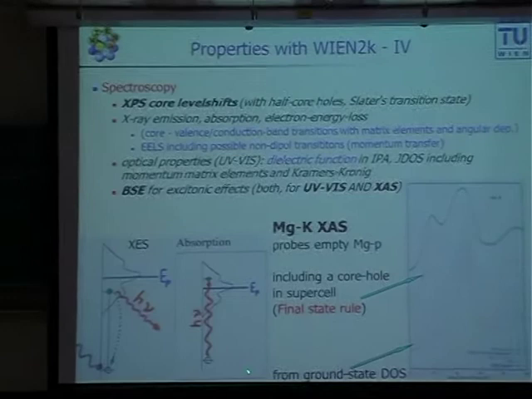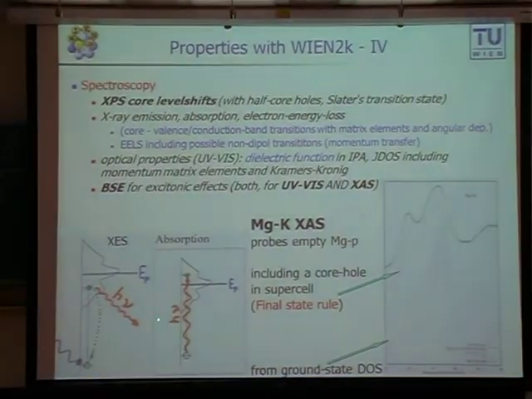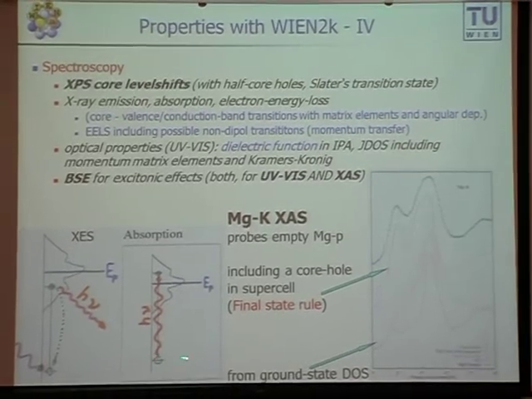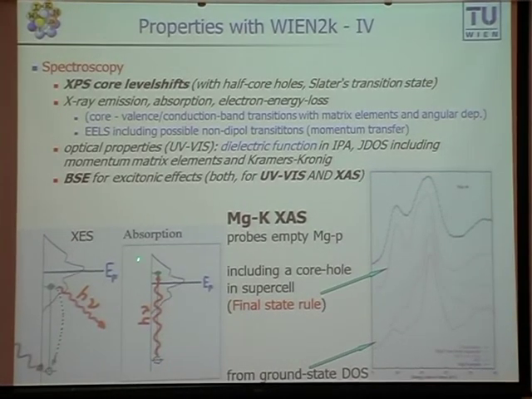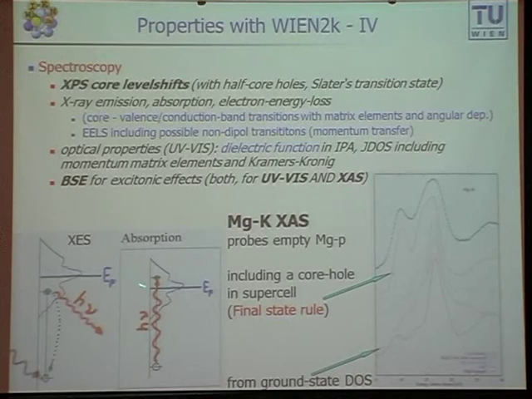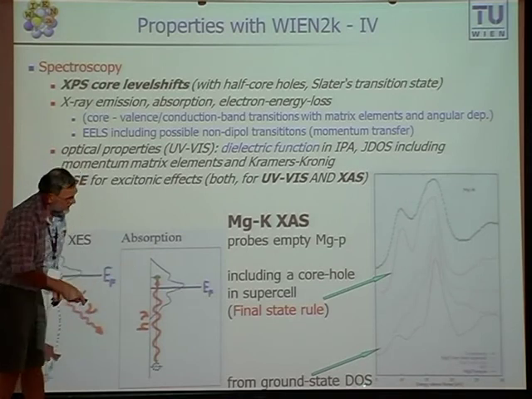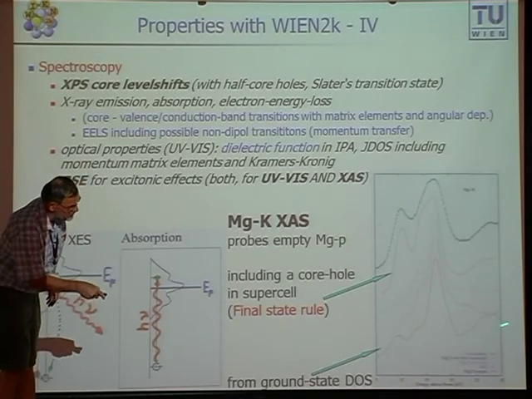Absorption spectroscopy means you have a photon coming in, which is absorbed. It will excite a core level into the unoccupied conduction band. With the dipole selection rule, of course, delta L plus minus 1, so from an s orbital into an unoccupied p orbital. If you do this for magnesium oxide, magnesium K spectrum, this is the experiment, and this is the ground state calculation.